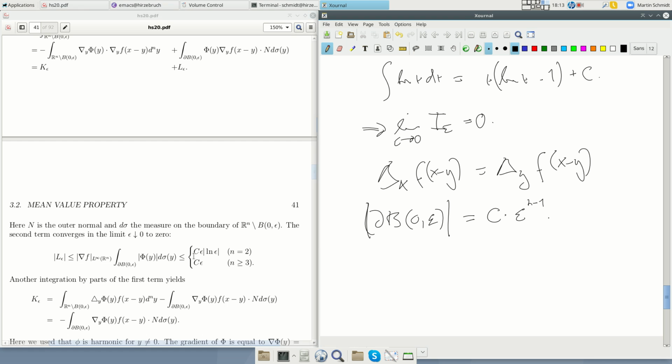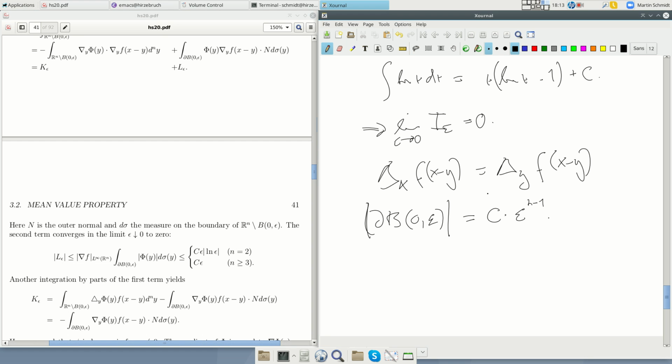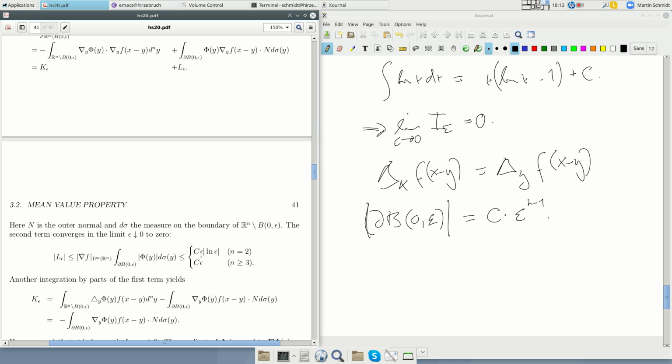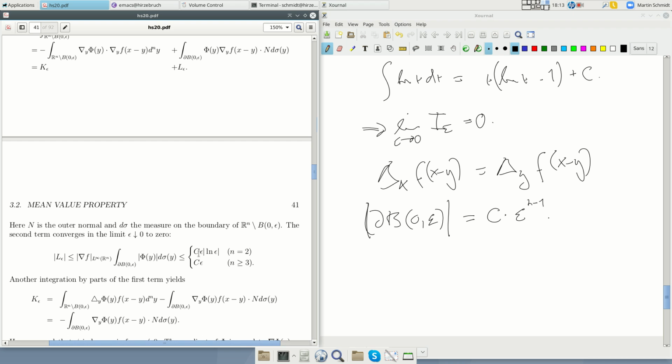For 2 dimensions, because it has dimension n minus 1, if we rescale everything by epsilon, then all dimensions are rescaled by epsilon. Since it's n minus 1 dimensional, we have this. So for n equals 2, we have an epsilon, and the function itself is bounded by the logarithm, so we get this estimate.